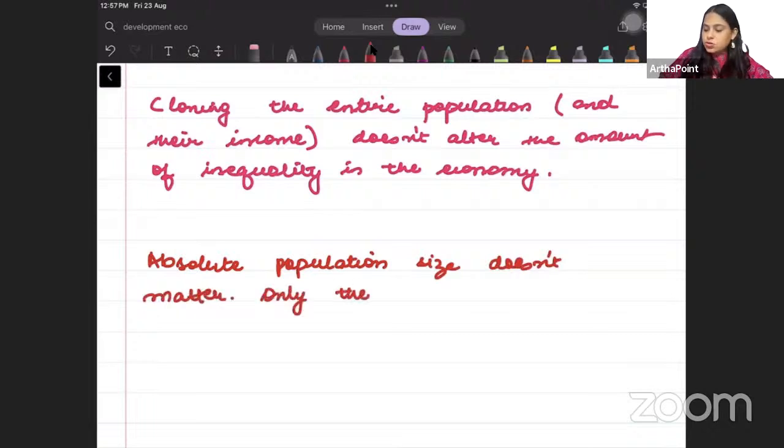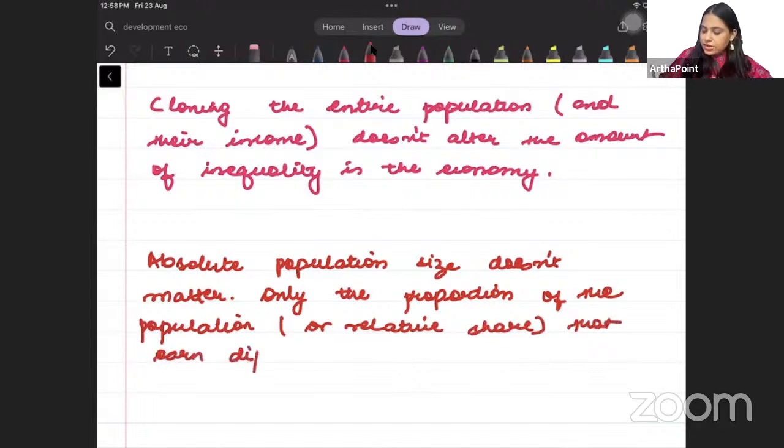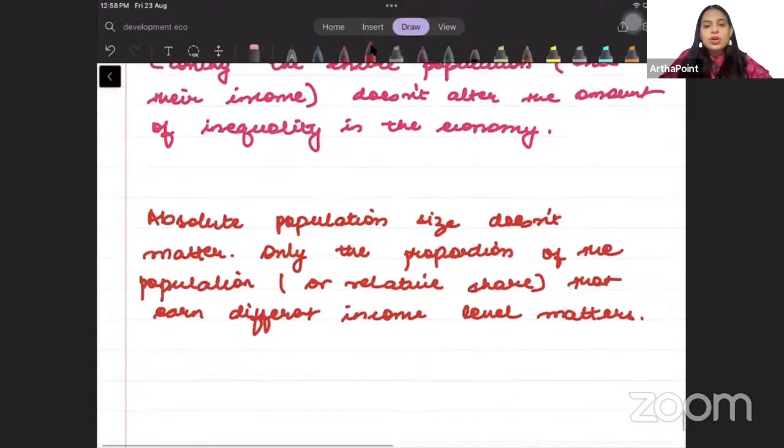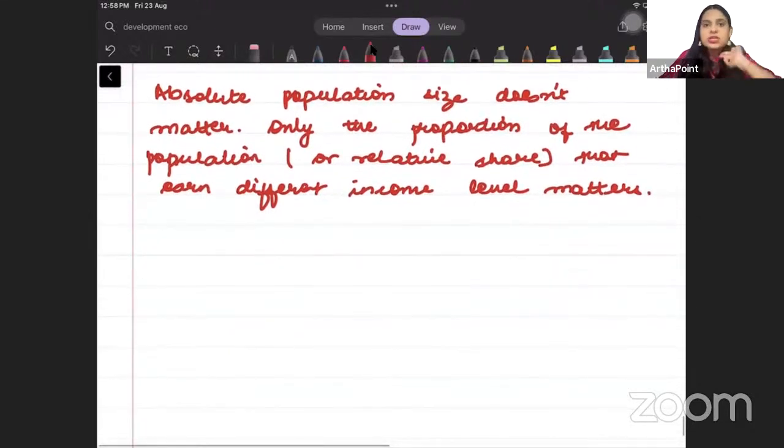Only the proportion of the population, proportion means percentage or relative share, that earns different income matters. So I'm only interested in understanding what percentage of people earn what percentage of income.